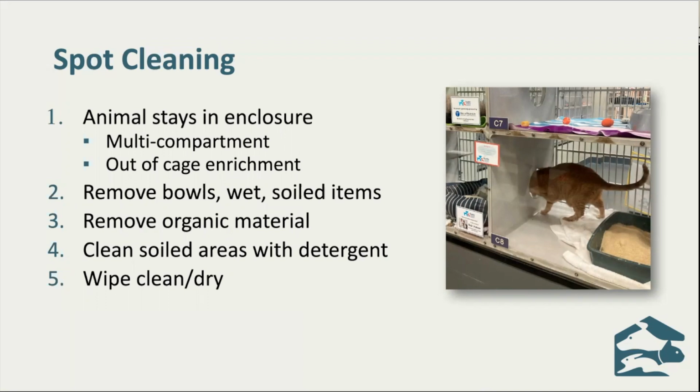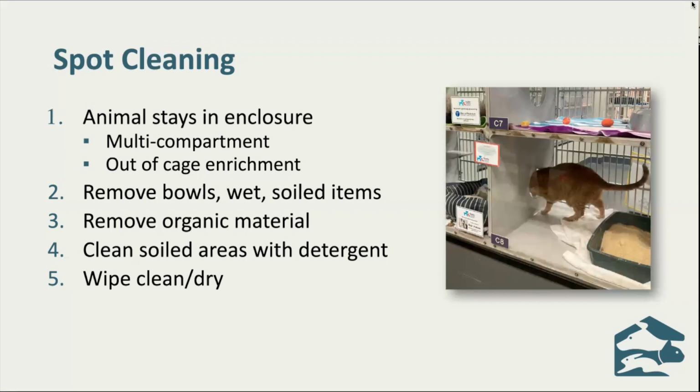We can just move the animal over into the other side of the enclosure and do our work on the unoccupied side. If that's not an option, you can also take advantage of spot cleaning to use this time for some out-of-cage enrichment. You obviously lose the benefits of not having to move the animal out of their enclosure, but we can still gain some of the efficiencies of this process and leave some of those familiar scents in place and take advantage of the time when the animal is not in there.